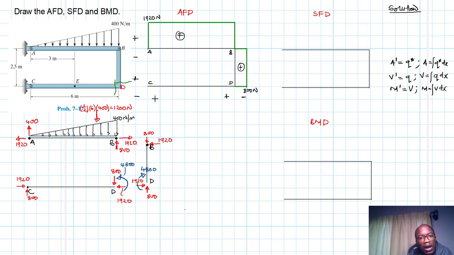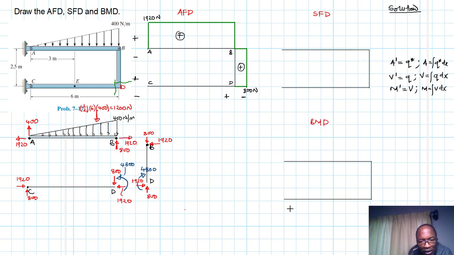Great. And then let's move to C to D. Top is positive, bottom is negative. Let's look at it: it is undergoing compression, and the magnitude of this particular value is equal to 1920. So 1920 is down like so.